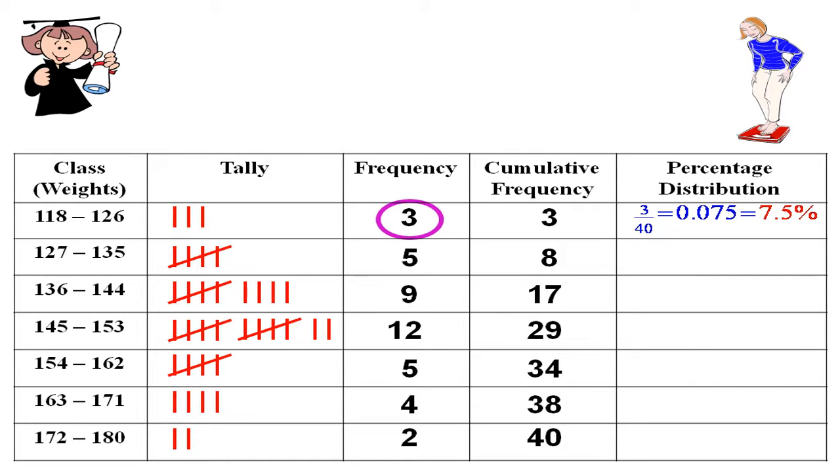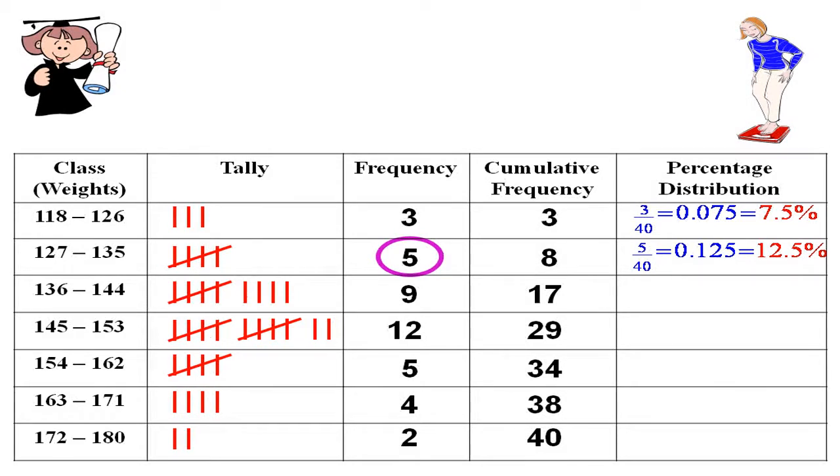What about the next one? How do I get it? You just tell me what the division is. 5 divided by 40. You're right. 5 divided by 40, and that gives you 0.125. Move the decimal place over, you get 12.5%, right? What about the next one?